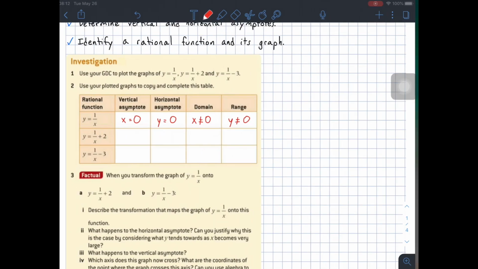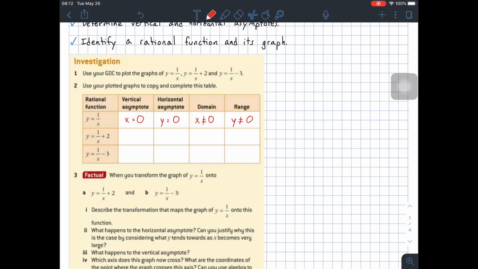So let's go back. The vertical asymptote, we are still the same, x equals 0. Remember, the same rule, we set the denominator to 0, and the only value that makes the denominator 0 is x equals 0 in this case. And the horizontal asymptote, we see that it was moved 2 units up, right? So y equals 2 is my new horizontal asymptote.